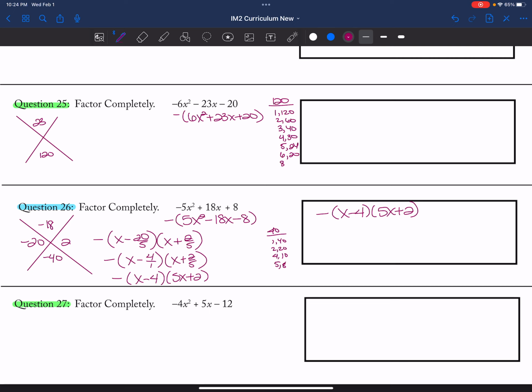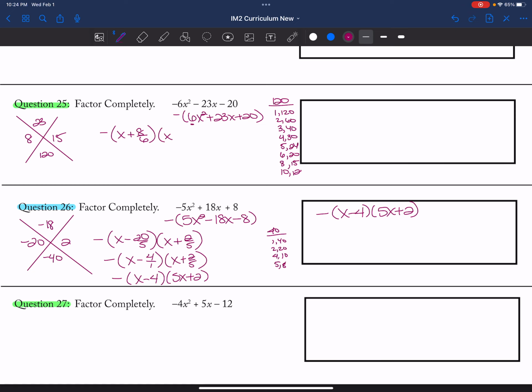8. I feel like 8 went in. 8 and 15, and 10 and 12. Okay. Oh boy, I used a pen and not an eraser. Okay. 23, 15 and 8. Okay, so I have a negative sign out here, and then I'm going to have an x plus 8 over 6, and it'll be the positive guy that's there.